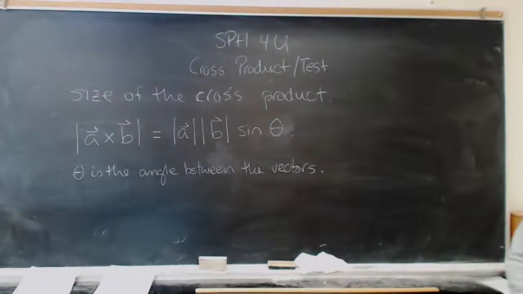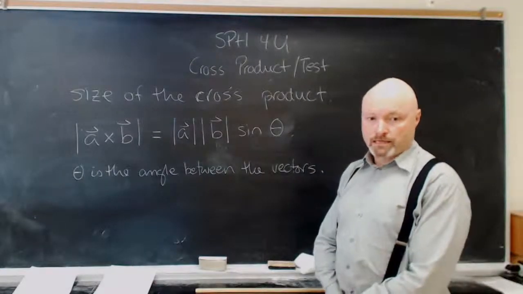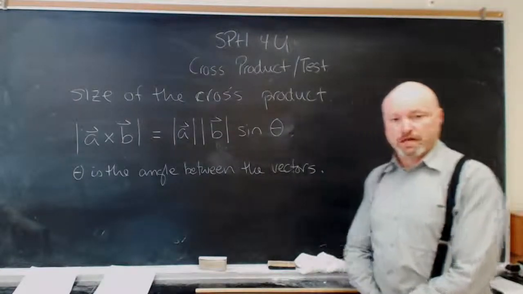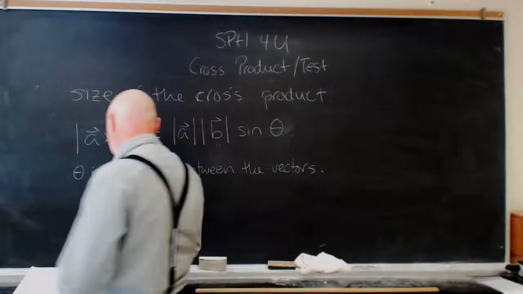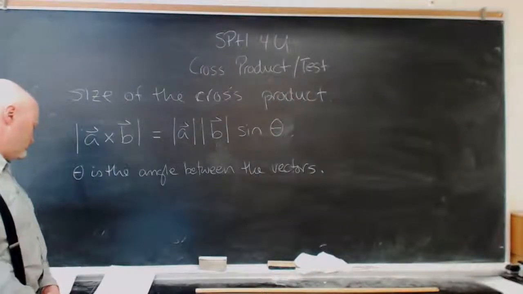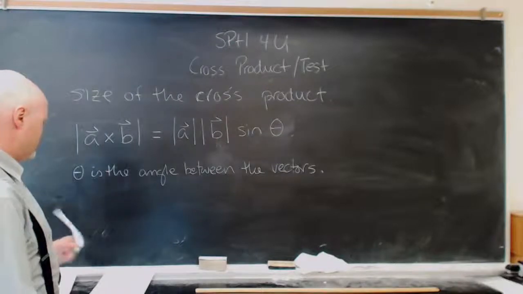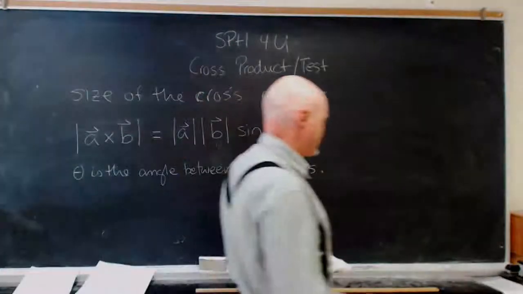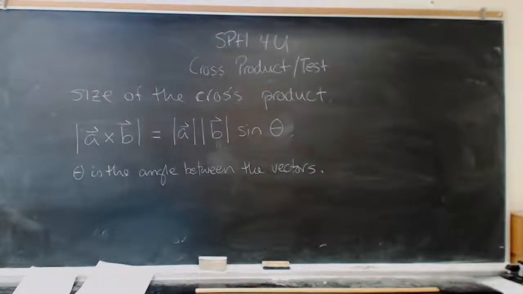Yeah, so this one is sine. So a lot like the dot product gave us cosine, this one gives us sine. Theta is the angle between the two vectors. So that's just a formula. It's a straight up formula.